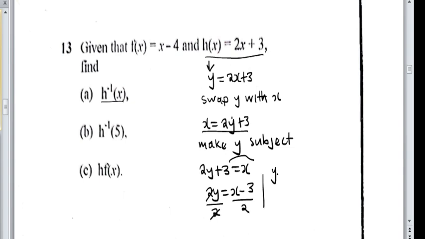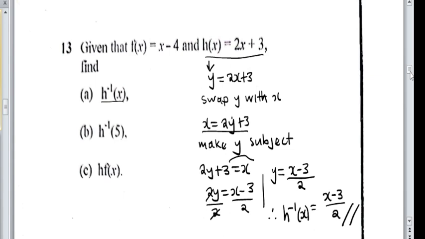Then from here I know to say y is equal to x minus 3, everything over 2. Then I say therefore the inverse of h of x is equal to what I have found, x minus 3, everything over 2. So that one is the answer for the inverse of that function.